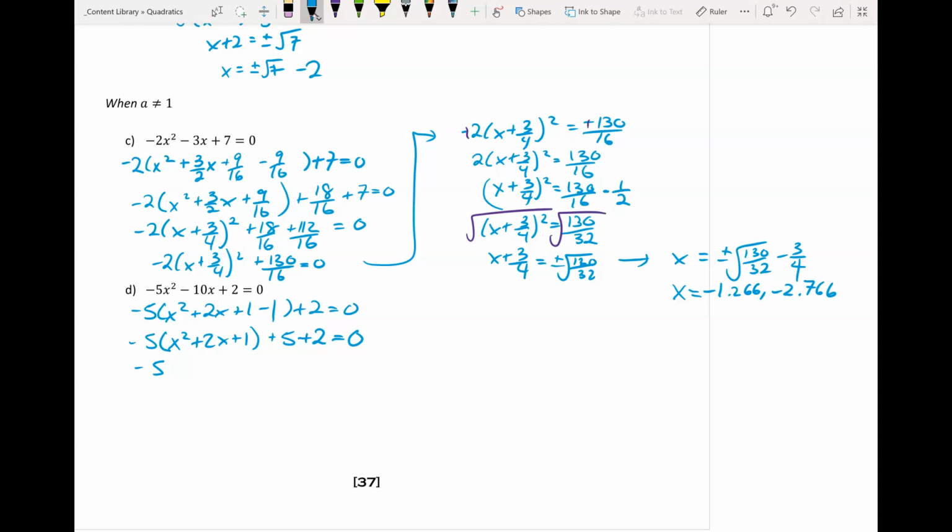Now I'm going to factor what's in the bracket. This is x plus 1 squared plus 7 is equal to 0. I'm going to move the 7 to the other side. So subtract 7 on both sides. Divide both sides by negative 5. So really I have positive 7 over 5. Now square root both sides.